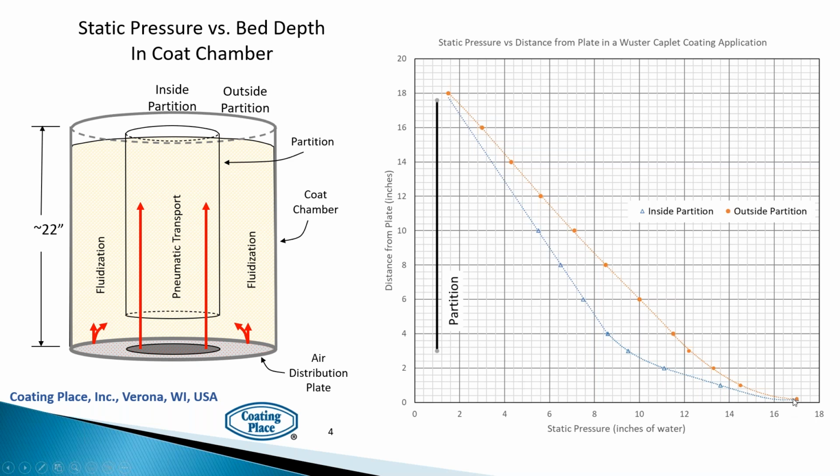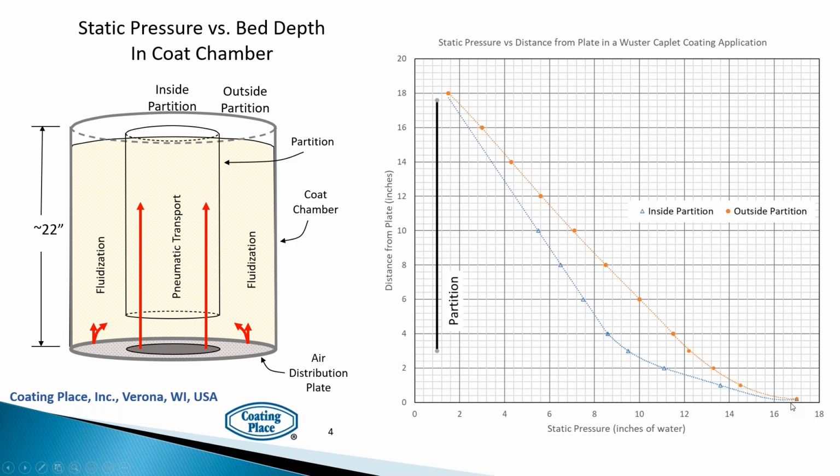So if we look at the pressure and we move up through the down bed, which is the fluidization outside the partition, immediately there's low particle density because they are feeding into the up bed region at that point. But as you start to get to the point where the partition height is located, you end up with a steady particle density up through the rest of the bed, and so the pressure drop through the remainder of the bed is relatively linear.